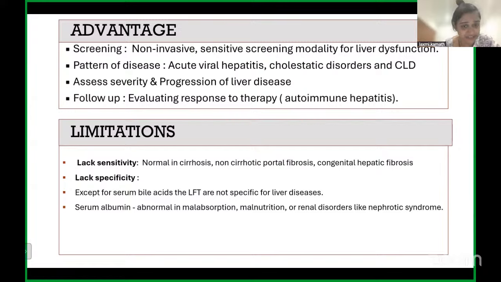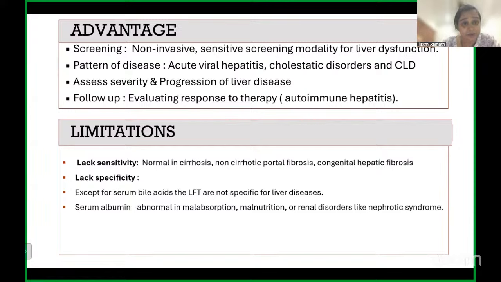It lacks specificity. Except for serum bile acids, the LFTs are non-specific for liver diseases. And serum albumin, which is a very important factor that we use to diagnose chronic liver disease. That means whenever we have a low albumin, the first thing that we keep in our mind is whether this is a chronic liver disease that is ongoing and has been clinically silent.